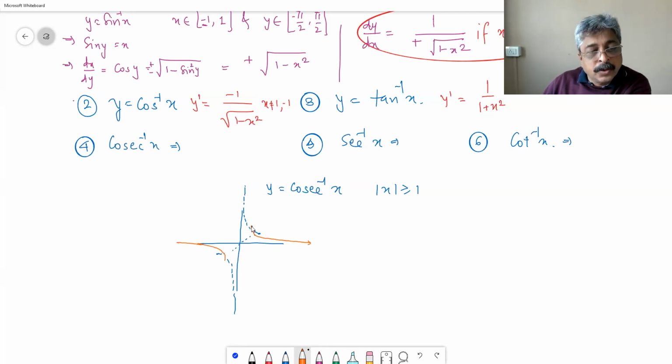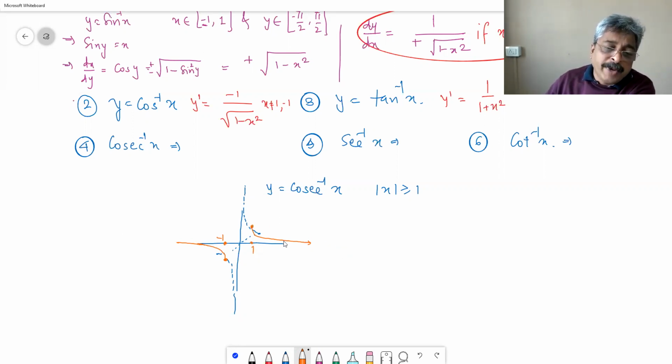Okay, so will these points be there? Yes, this point will be there, this point will be there. So this is 1, this is minus 1. So the domain is minus infinity to minus 1, 1 to plus infinity.